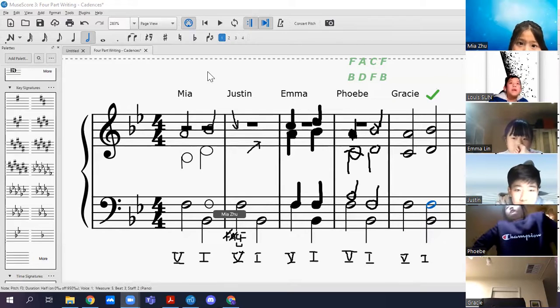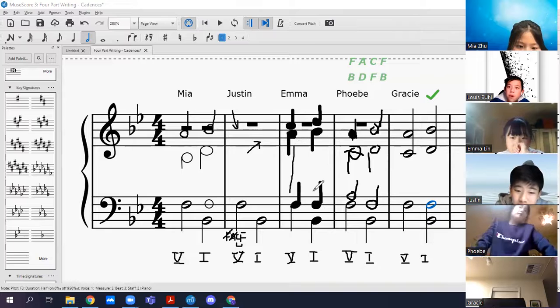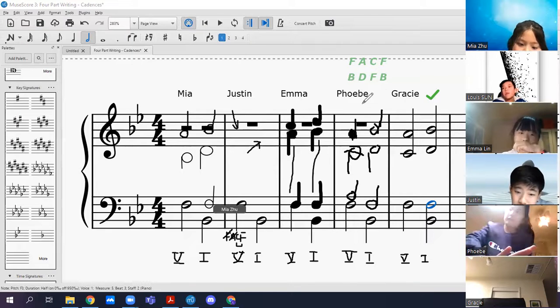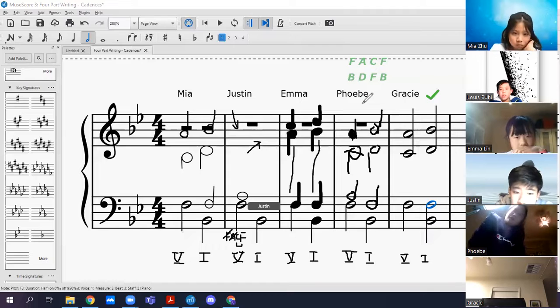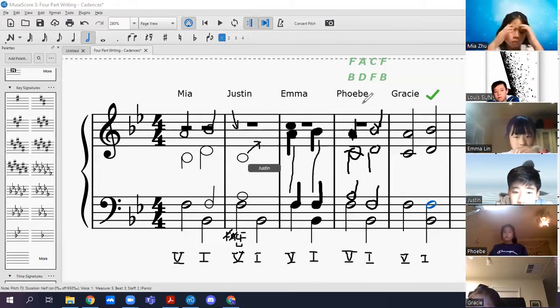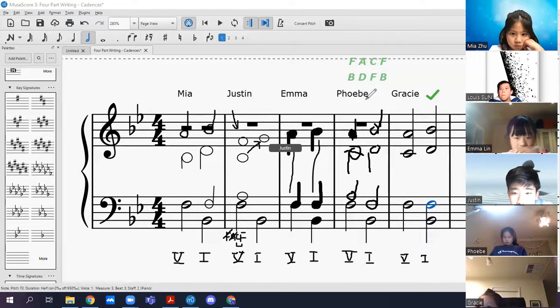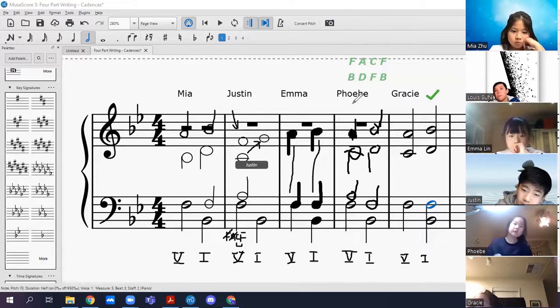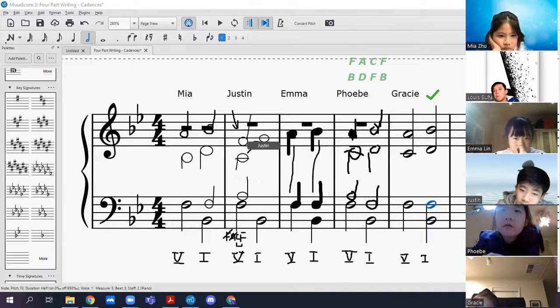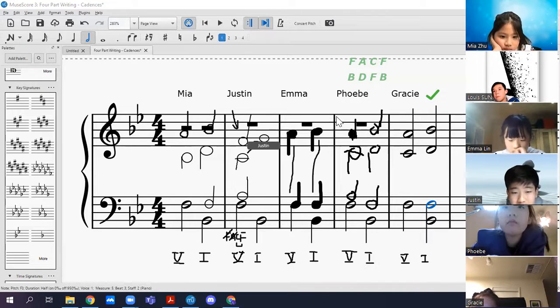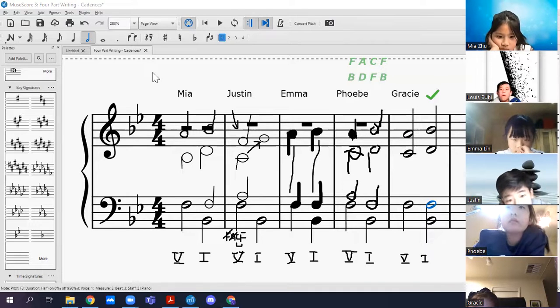Actually, wait, no, I'm not fine with that, because you've got more than an octave leap between the alto and the tenor. Emma, you're stepping the wrong way.